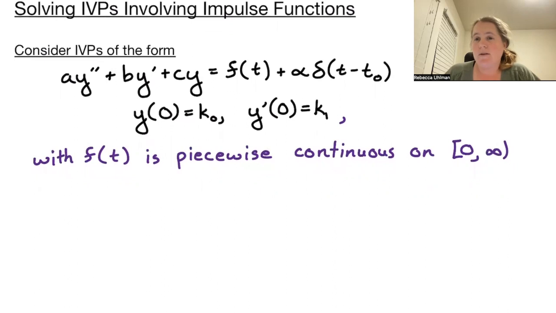Then it turns out that we can essentially break this into two problems. One being that basic IVP with impulse function as its forcing function, and the other being just a simple non-homogeneous second order equation, or second order IVP.